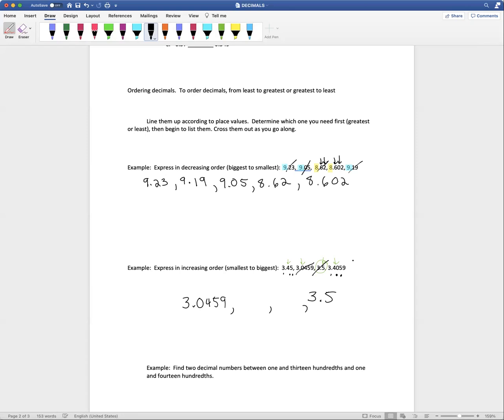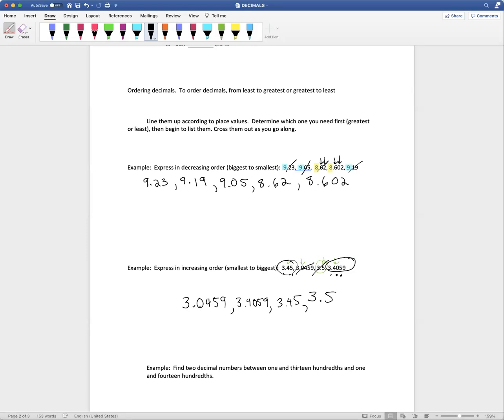So the next smallest one is going to be 3.4059. Okay, and then 3.45.